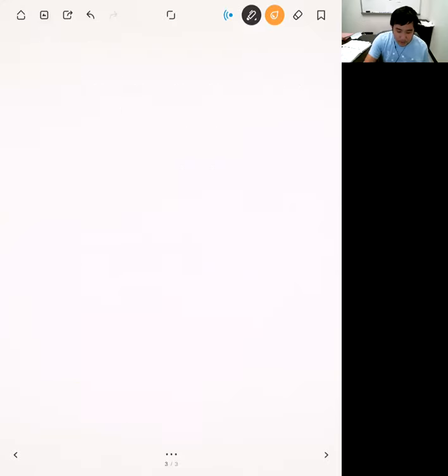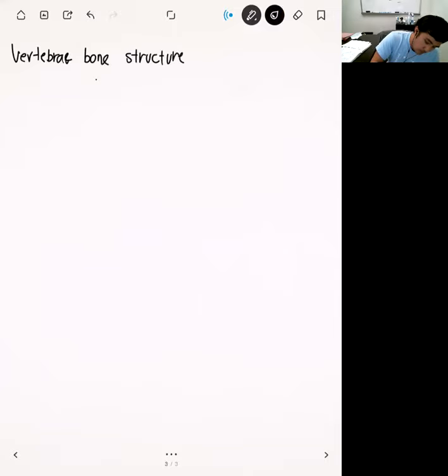Another important concept to know is how your vertebrae are structured. I think their direct classification is a unique shape, or a miscellaneous shape, and so there's really no other bone in the body that's shaped like the vertebrae.